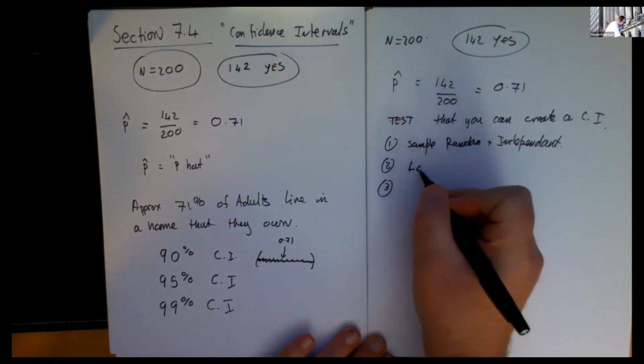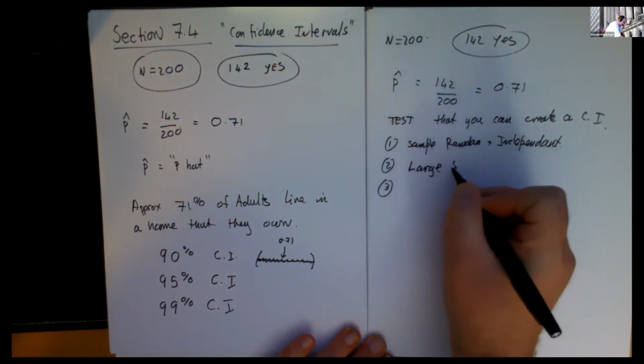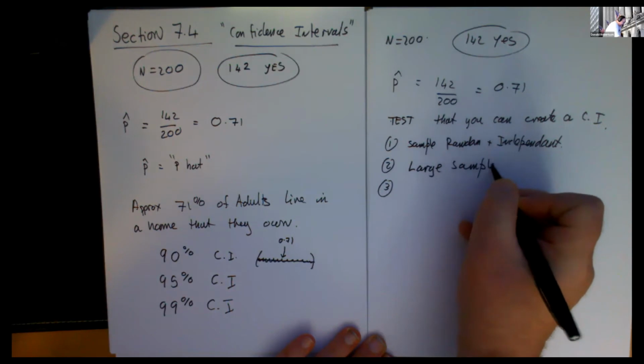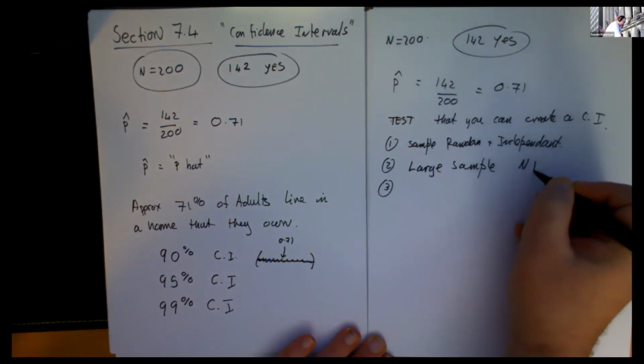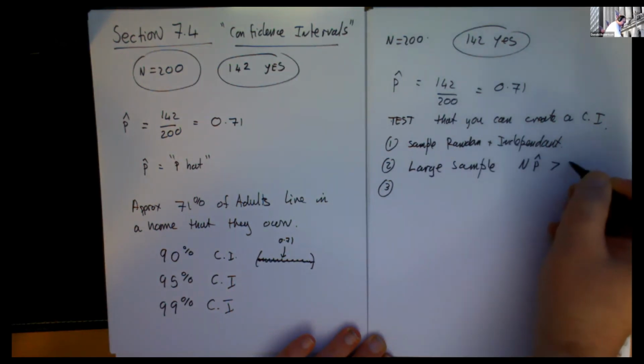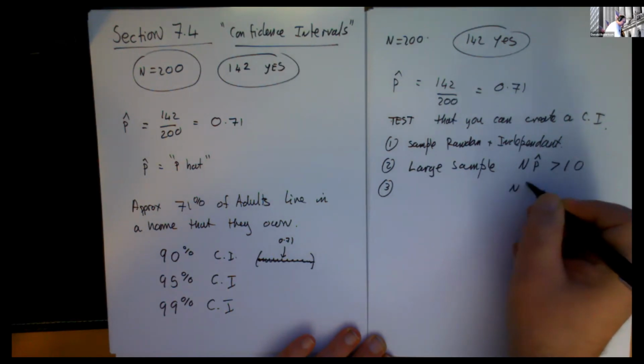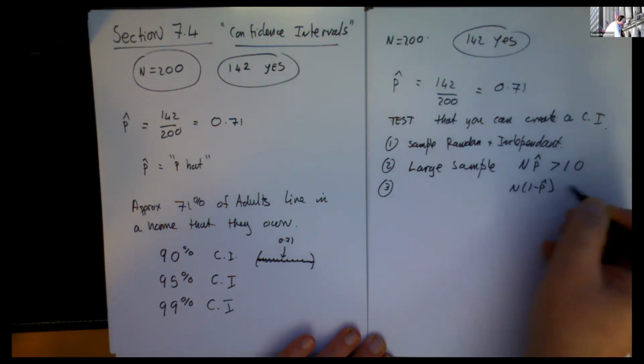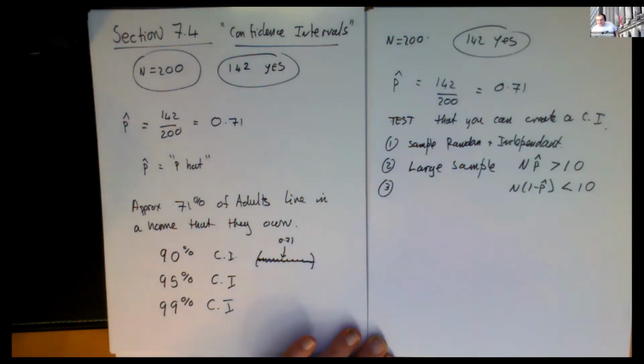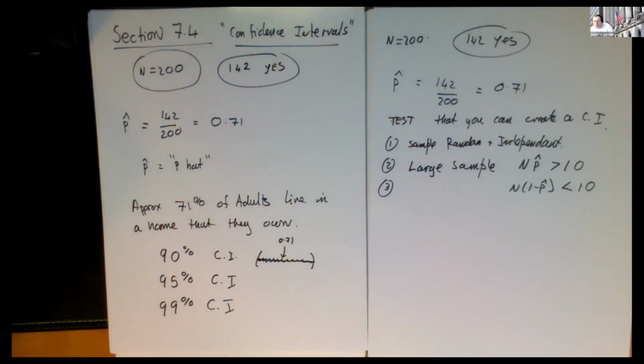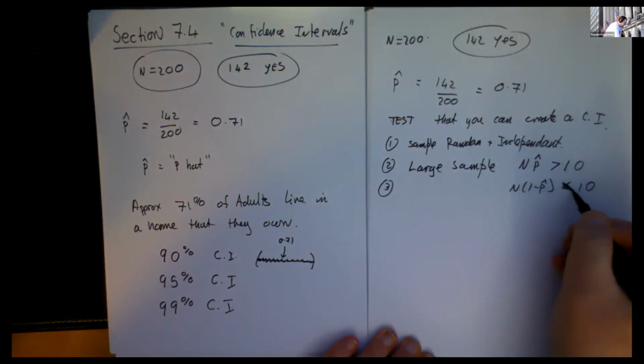The second check is: is it a large sample? And the test for that is that n times p hat has to be greater than 10 and n times 1 minus p hat also has to be greater than 10.